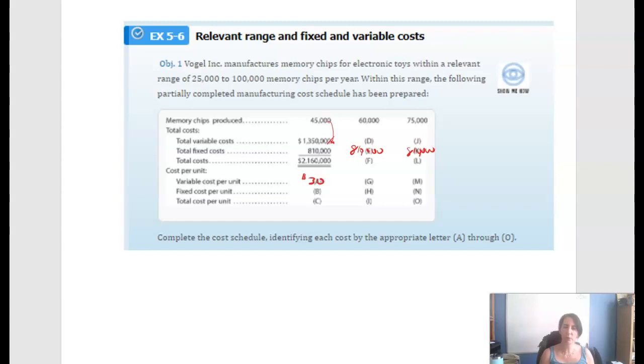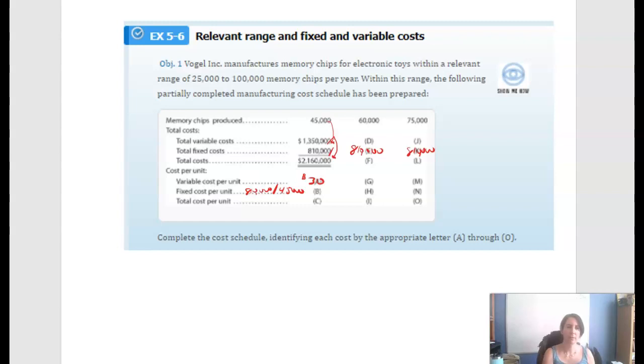The fixed cost per unit, we're going to do the same thing, 810,000 divided by 45,000. Oh, sorry, wrong thing. Undo. Let's go back to my erase orb here.